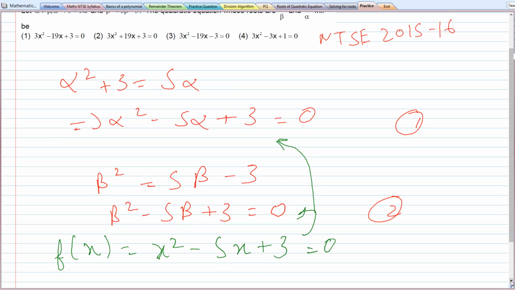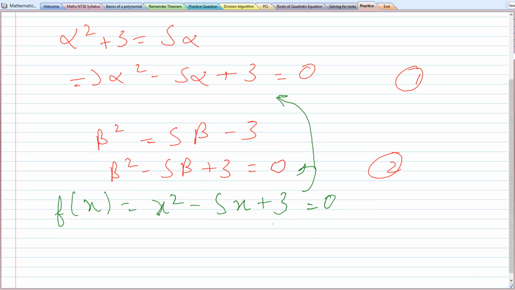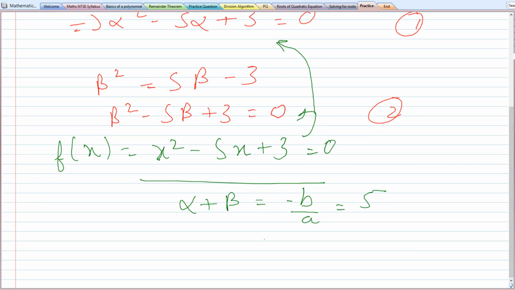So from 1 and 2, we can say that alpha and beta can be the roots of the equation x square minus 5x plus 3. So if that is true, alpha plus beta is equal to minus b by a, which is 5, and alpha beta is equal to 3.